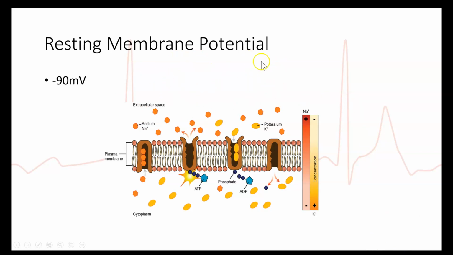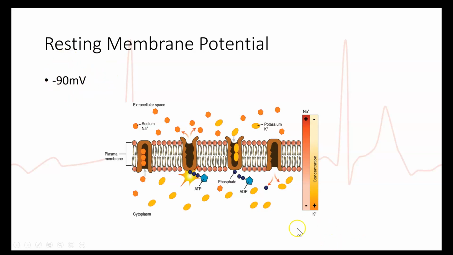So we have a lot of negatively charged chloride ions on the outside of the cell, a lot of negatively charged anions on the inside of the cell. So for every 100 potassium ions moving out of the cell, we allow 1 sodium into the cell, right? So we leave those negatively charged anions behind, giving us a negative number, a negative resting membrane potential.